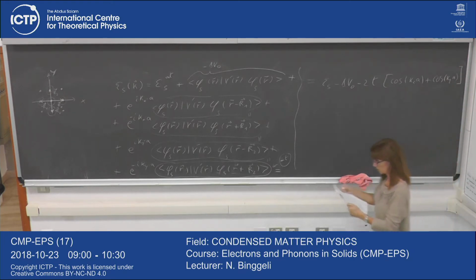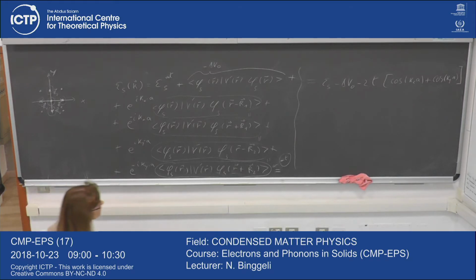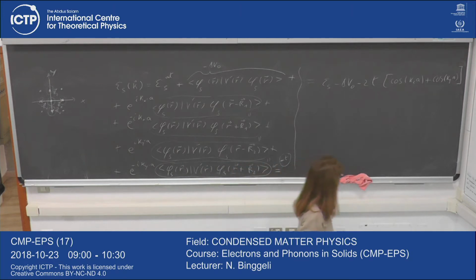Okay, so this is what I'm getting for the square lattice with one s orbital, for the 1s orbitals. In this case, it's also of the cosine type, but for both the kx and ky direction.